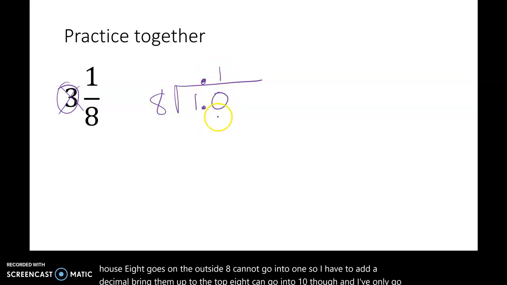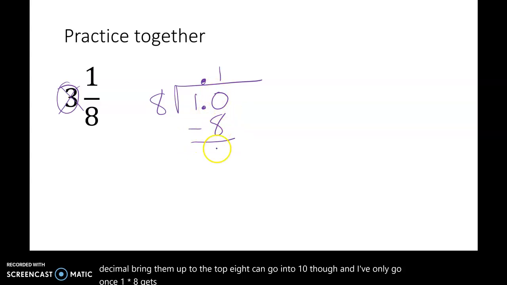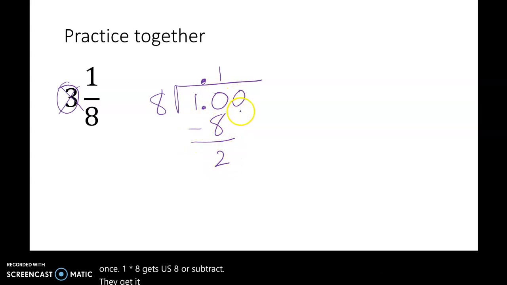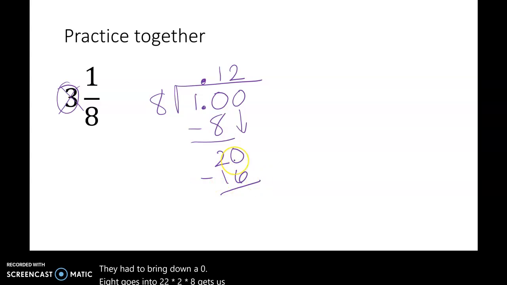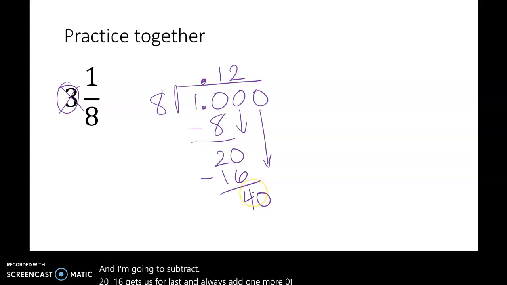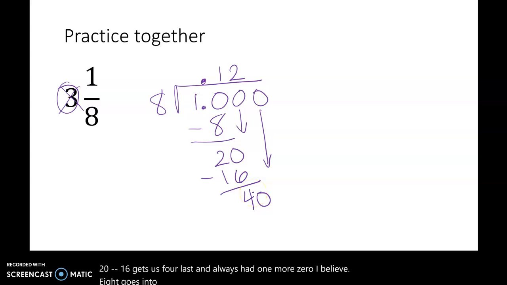1 times 8 gets us 8. When I subtract, I get a 2. Then we have to bring down a 0. 8 goes into 20 2 times. 2 times 8 gets us 16. Then I'm going to subtract. 20 minus 16 gets us 4. And last but not least, I have one more 0, I believe. 8 goes into 40 how many times? 5 times. 5 times 8 gets us 40.